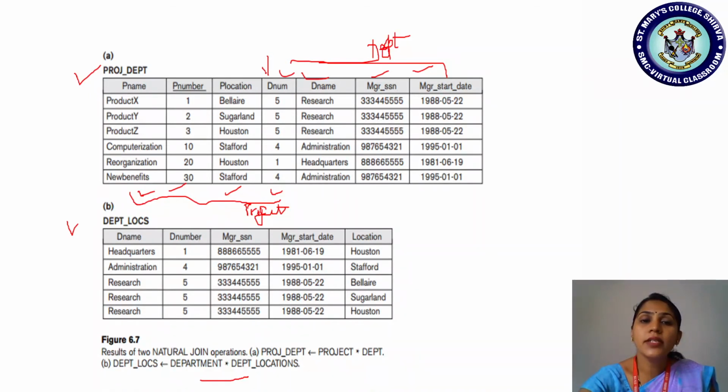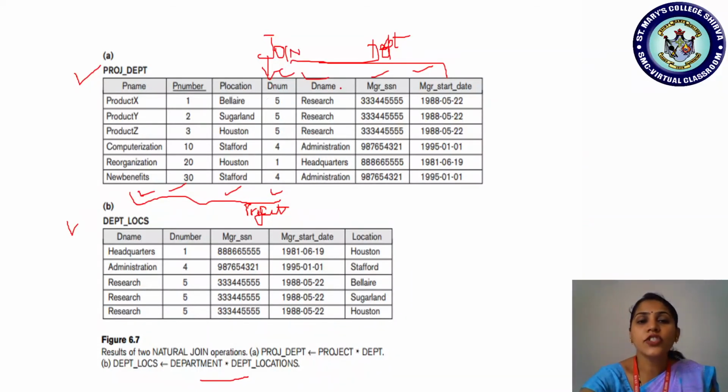The common one is dnum because in the project the attribute of department number was already named as dnum, but we have renamed the d number attribute that was present in department as dnum. So dnum is called the join attribute.